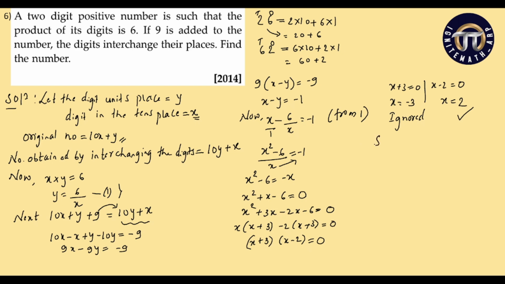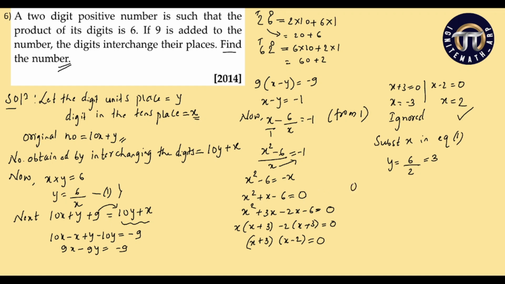So later what I do, I will do the substitution of x in equation 1. So y is equal to, equation 1 is what? y is equal to 6 by x. 6 by 2, that is equal to 3 I get. So what am I supposed to find out? Find the number. Don't stop the solution at just finding x and y.